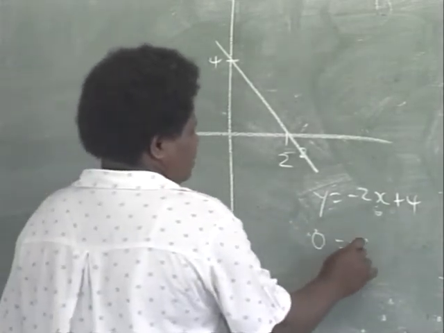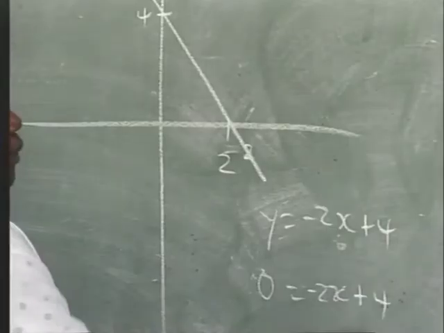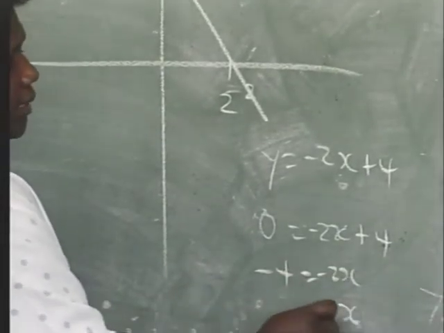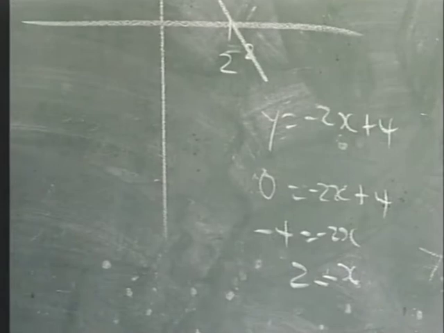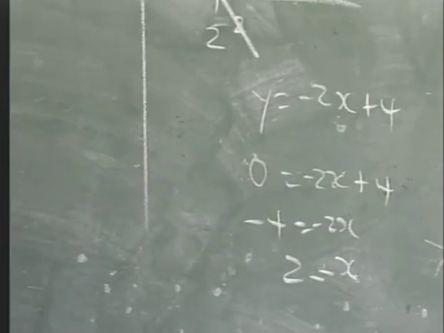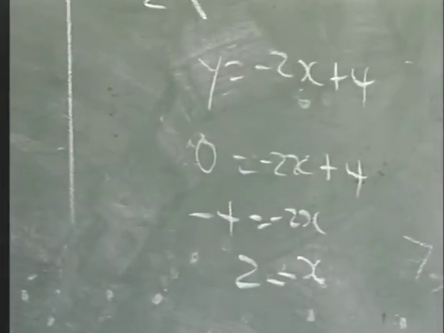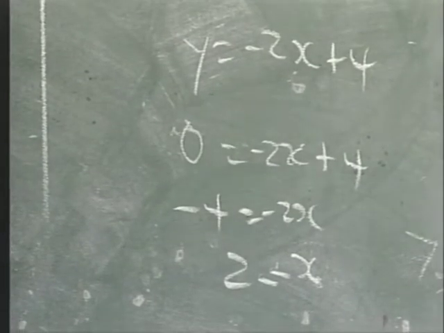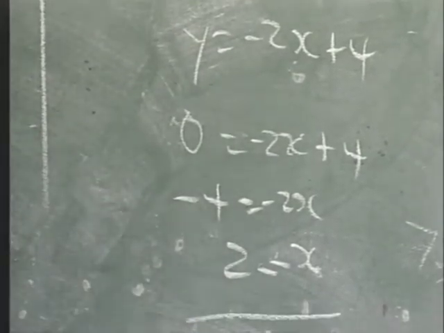Okay, 0 equals minus 2x plus 4. I get minus 4 equals minus 2x, and x is equal to 2. Is he correct? Because he said at the x-intercept, y is equal to 0. Is he correct? Yes.